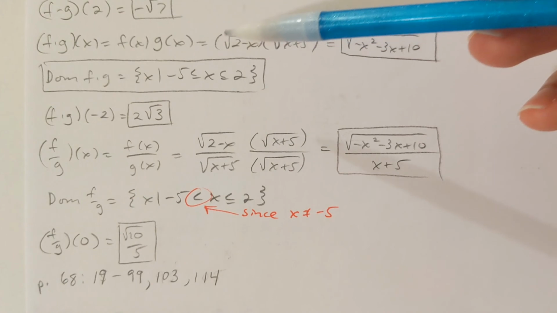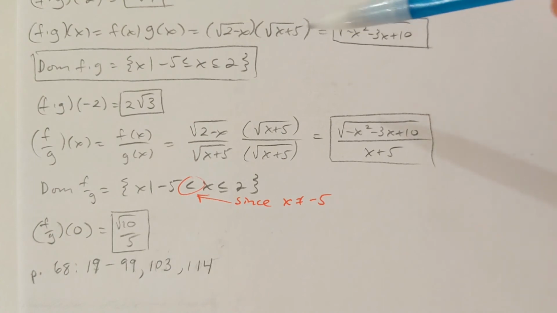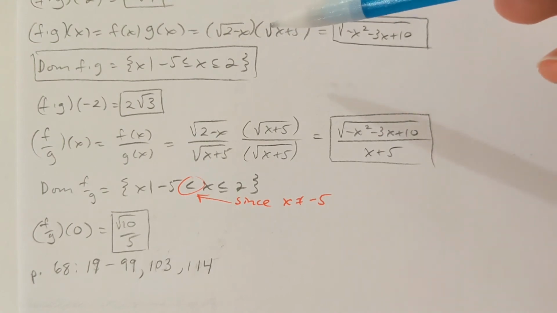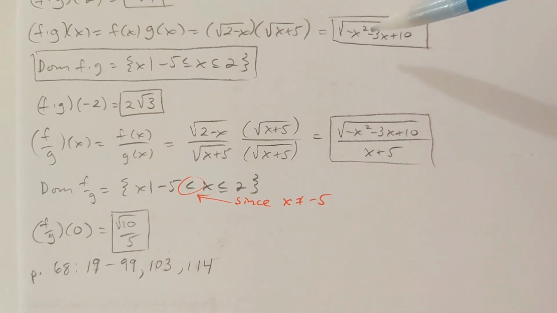F times g of x is represented by f of x times g of x. F of x is the square root of 2 minus x. G of x is the square root of x plus 5. Okay, and here I can simplify. I can take the square root of 2 minus x times x plus 5. If I multiply that out, negative x times x is negative x squared.